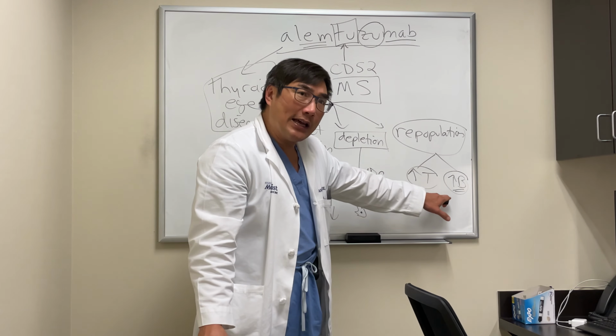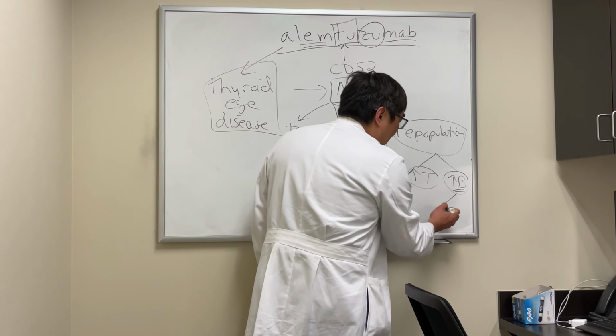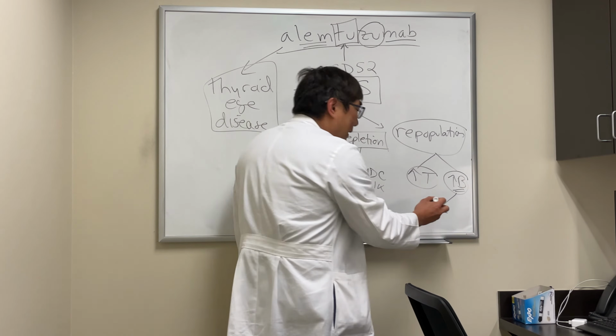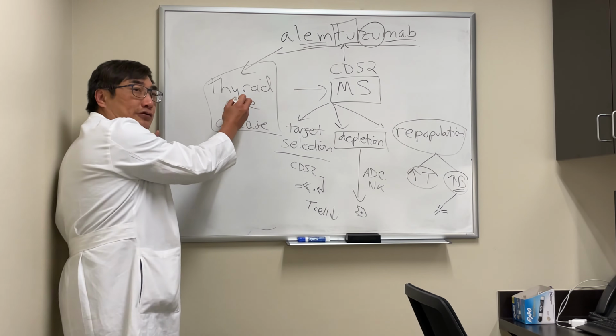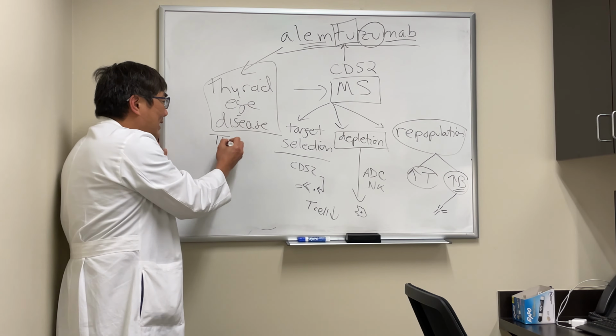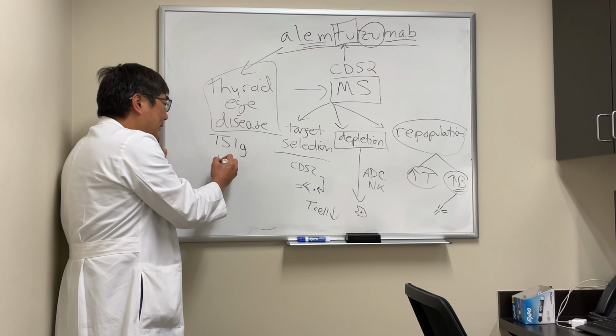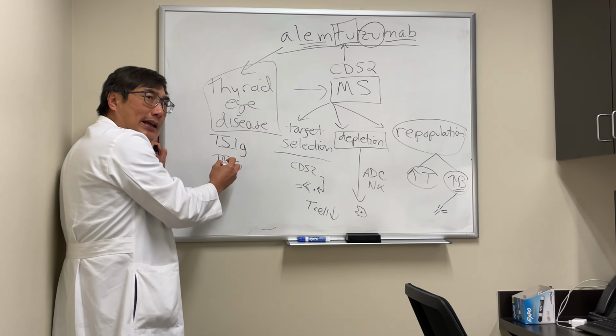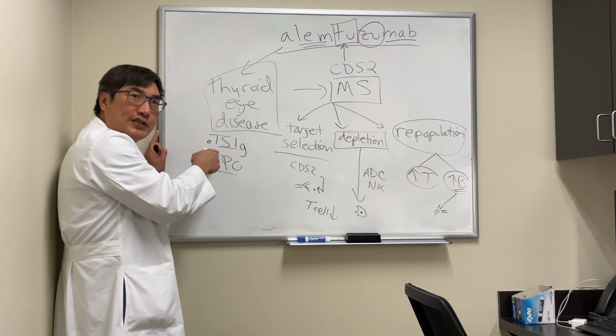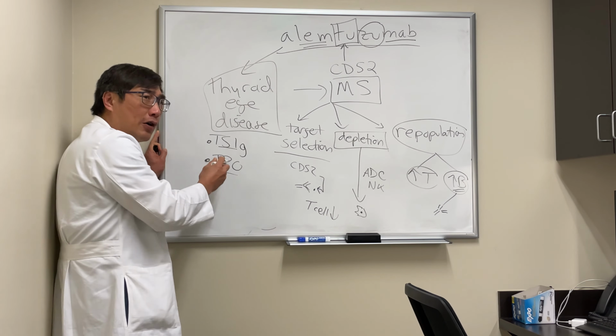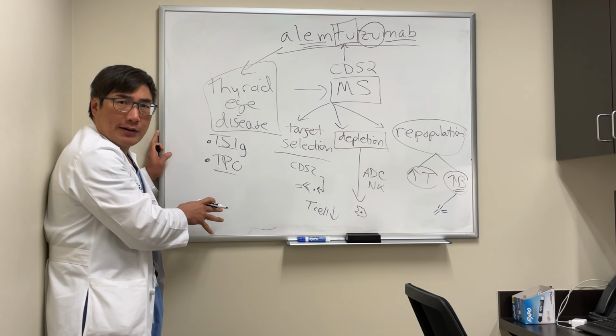During the repopulation phase, the B cell might make another antibody, and in this case, the antibodies, as you know, in thyroid eye disease, are TSI and TPO, which is thyroid stimulating immunoglobulin, which produces Graves' disease, and TPO, which is associated with Hashimoto's thyroiditis.